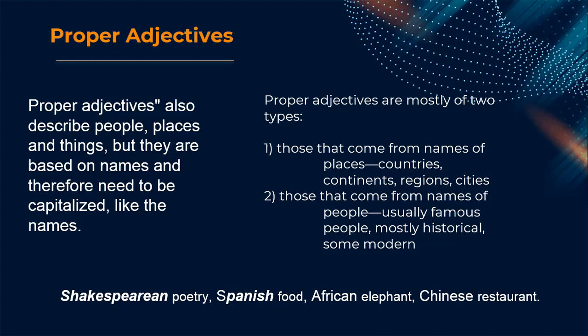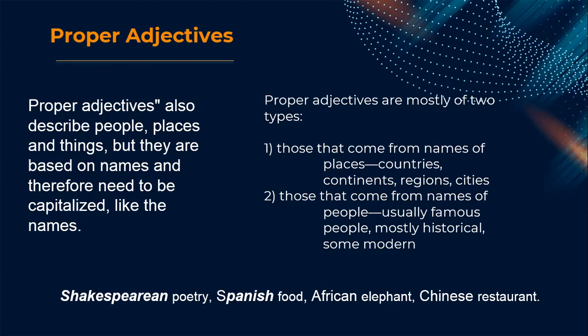I have divided them into two categories. Number one is those that come from the name of a place. For example, I said Spanish, African, Chinese. Okay, these are the names of regions or countries or places. And the second category is those that come from the names of people, especially popular names.